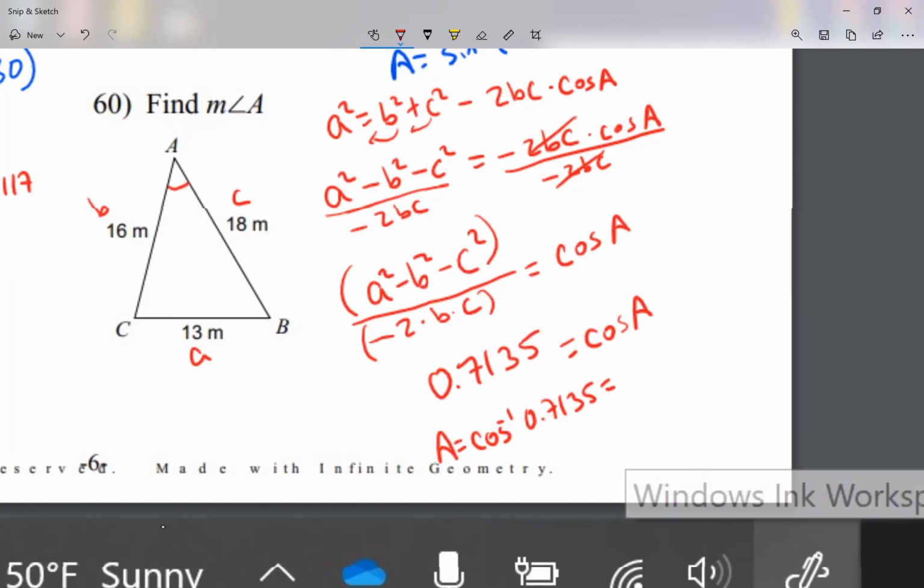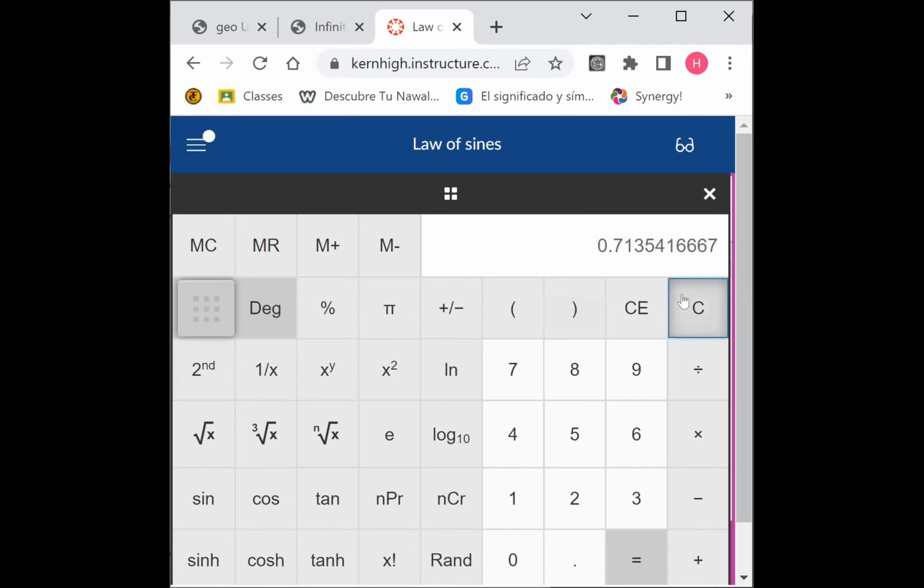Let me use my calculator real quick. Cosine inverse of 0.7135, 44.47. So it's 44.5.